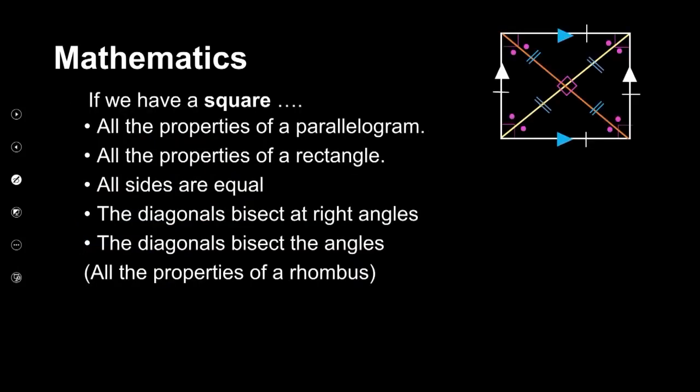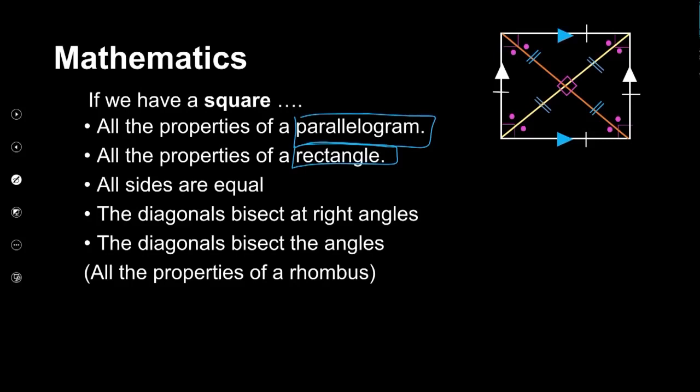So if we have a square, it means that all the properties of a parallelogram hold, all the properties of a rectangle hold. But now the interesting thing that we need to add is, if both the properties of a parallelogram and a rectangle hold, what must I call it now? Because, all right, it's a parallelogram, but there's some properties that are short there. I must add them. It gives me a rectangle.